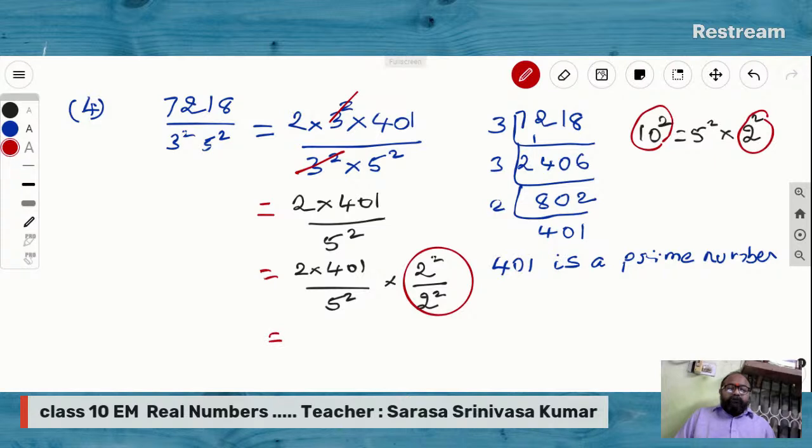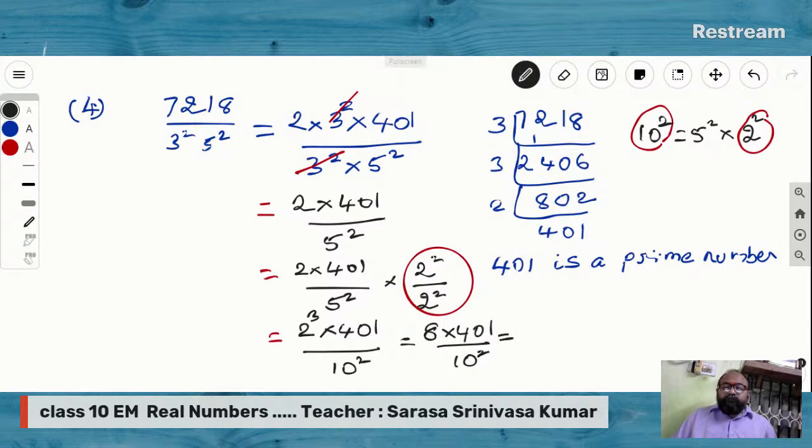This is equal to 2 power 3 multiplied by 401 by 10 square, equal to 8 multiplied by 401 by 10 square, equal to 3208 by 10 square.